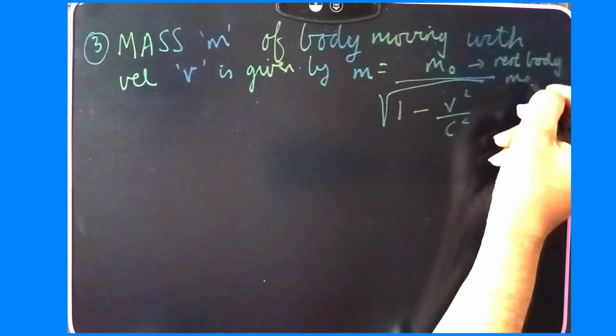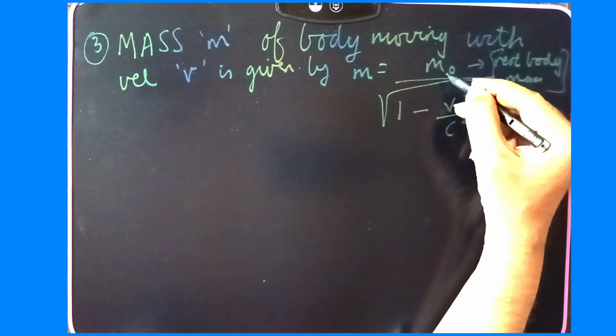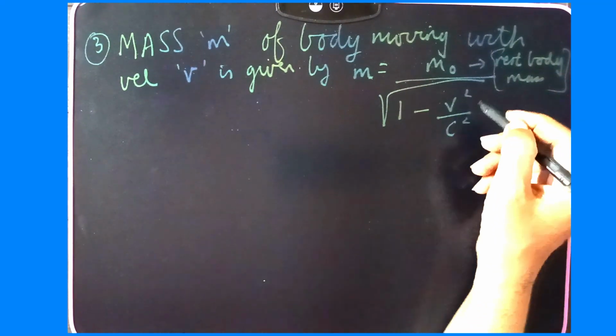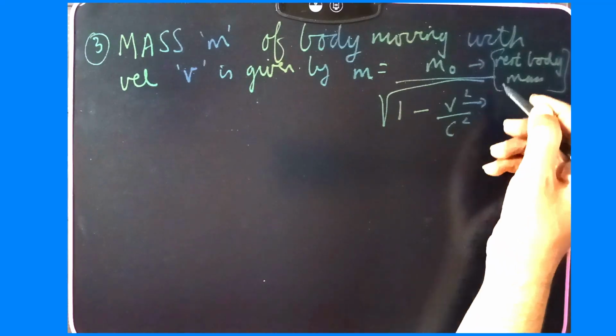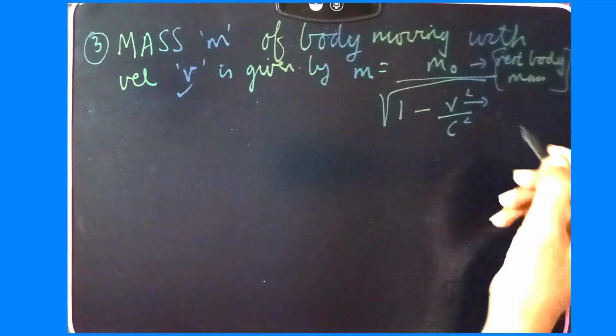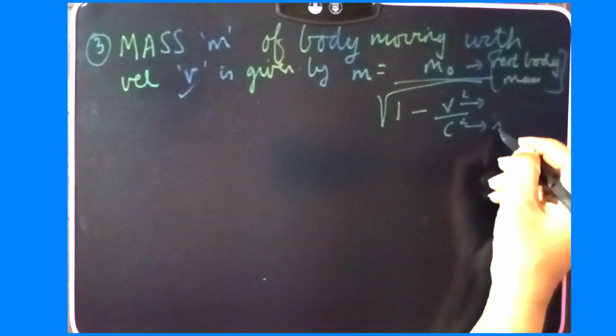That means when the body is at rest, m0 is the mass. V is the velocity, and c is speed of light.